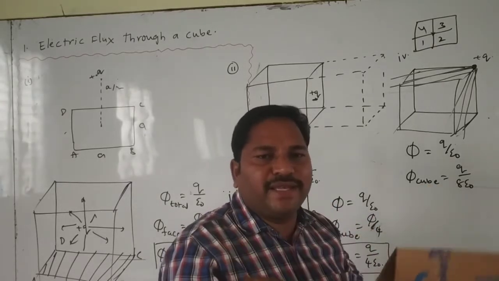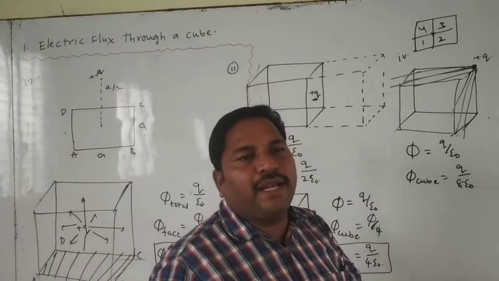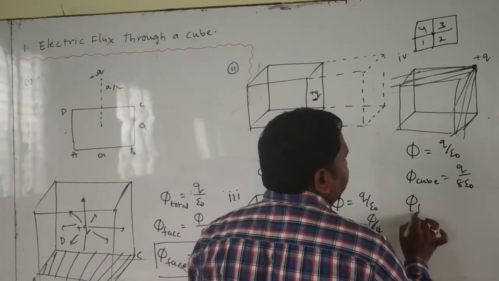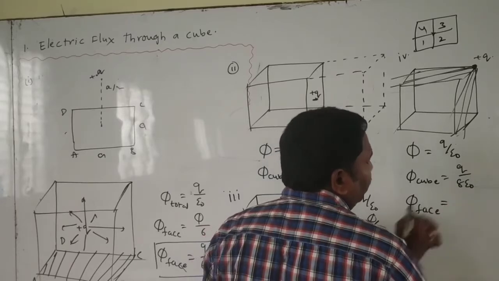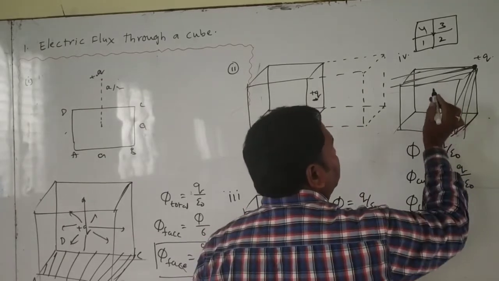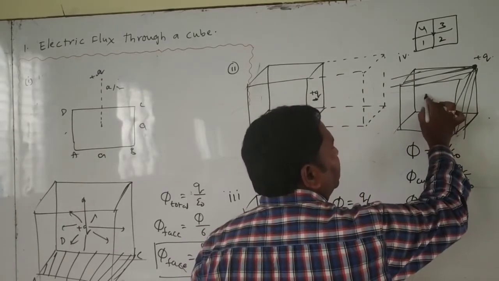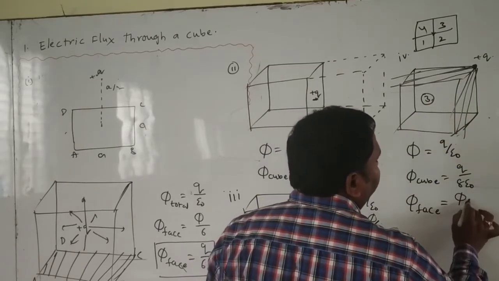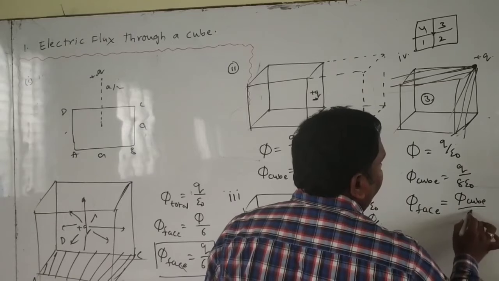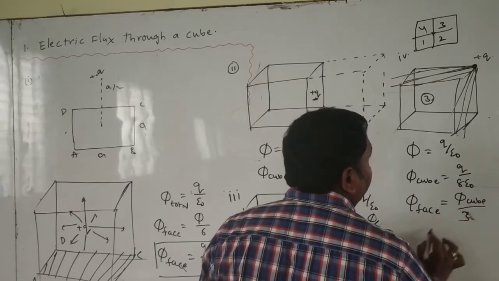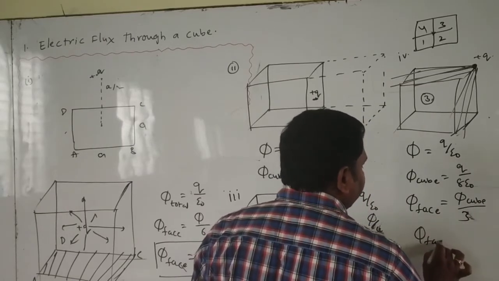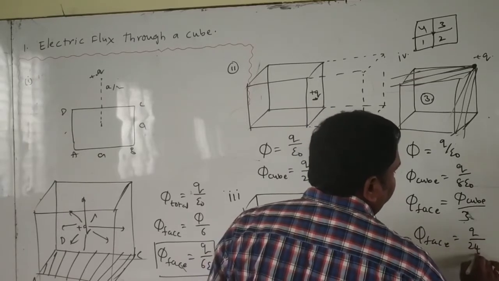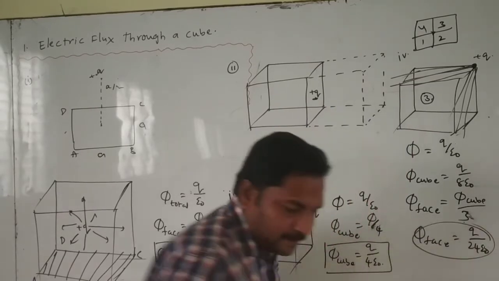For the remaining surfaces, lines are crossing perpendicular. Out of 6 faces, 3 faces are parallel, and the remaining 3 faces are perpendicular. So we can write flux for each face is equal to q by 3 into 8, which is q by 24 epsilon naught.